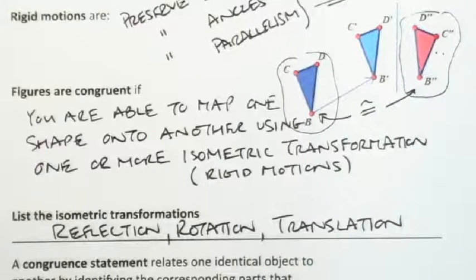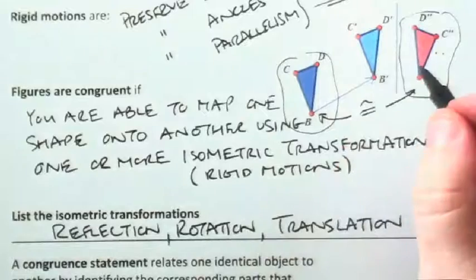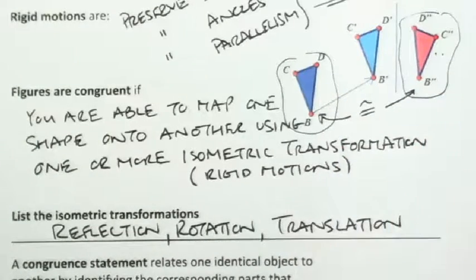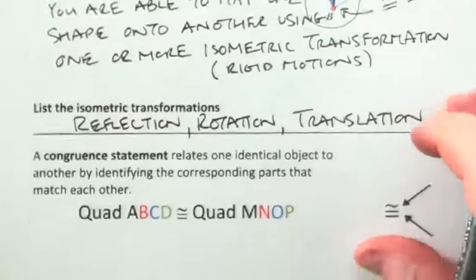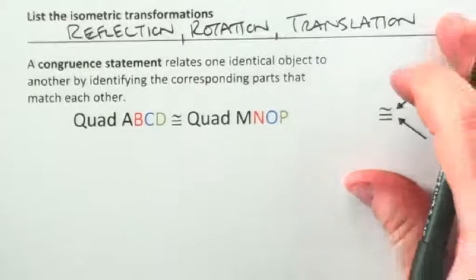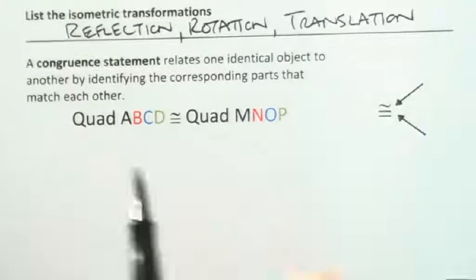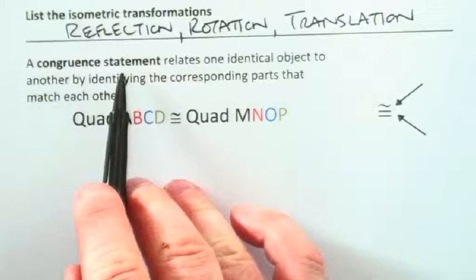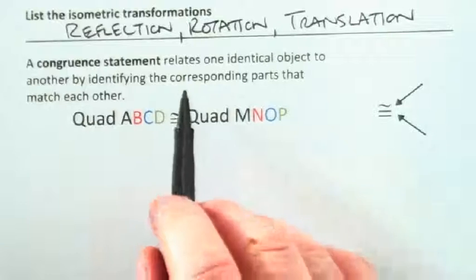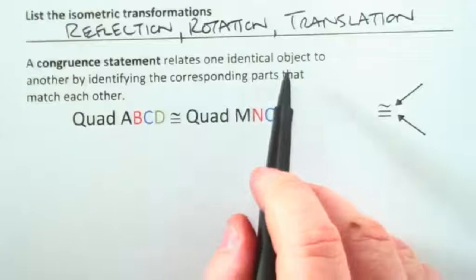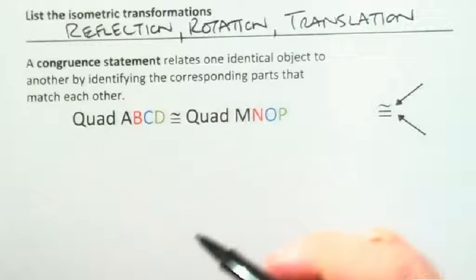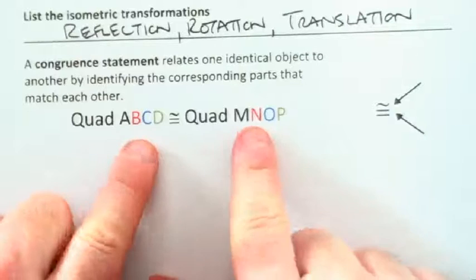Now we deal with ways to describe the relationship between the triangles or the quadrilaterals as a congruence statement. A congruence statement is a statement that relates one identical object to another and does it in a corresponding way.